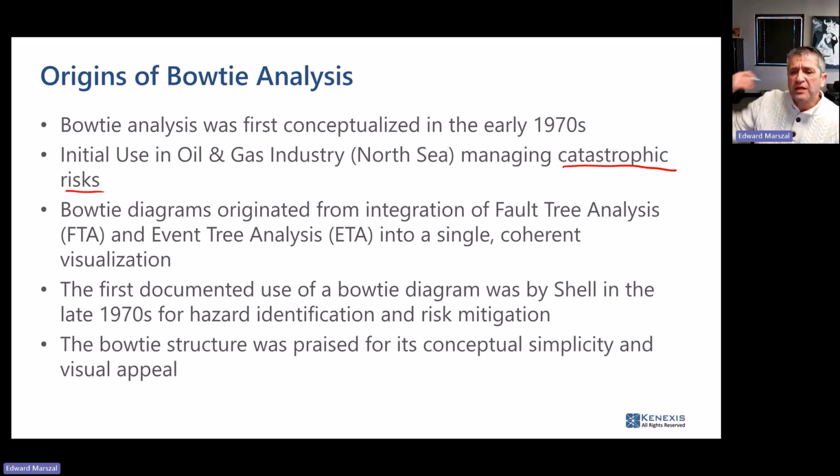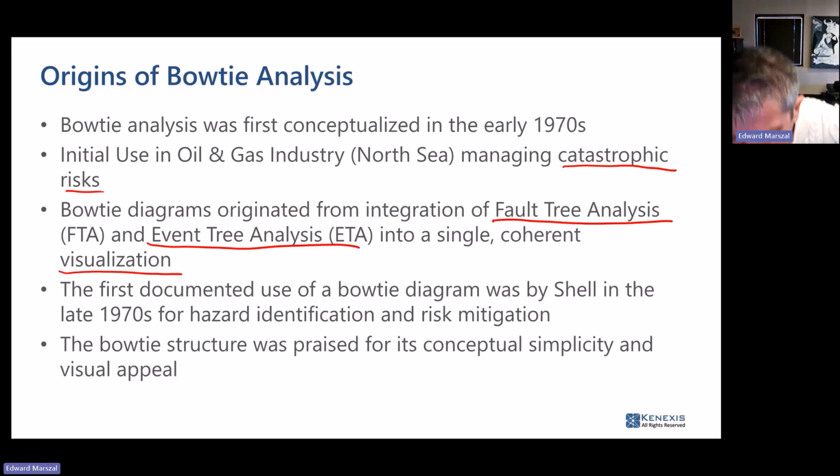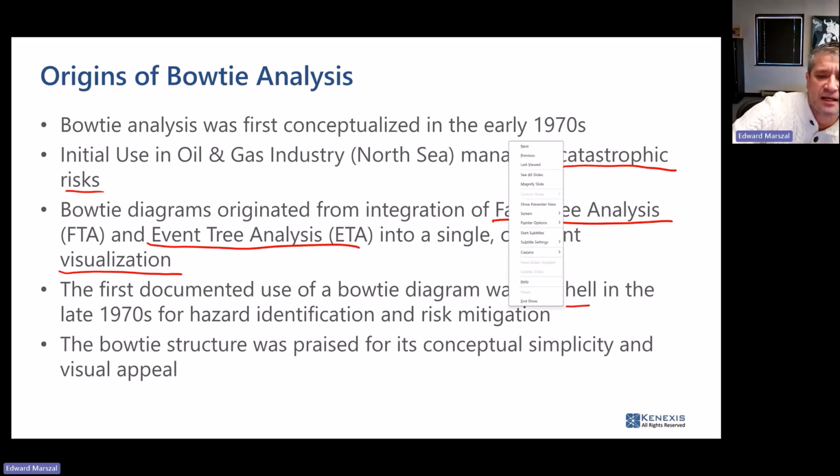So they originated from the desire to integrate a fault tree analysis, which is the left side of the bowtie, with an event tree analysis, which is the right side of the bowtie, into a single coherent visualization. At the beginning, we were kind of doing things really qualitatively just to get a feel for it. So first documented use was Shell in the 1970s for hazard identification and risk mitigation.